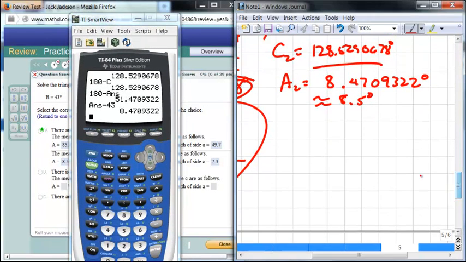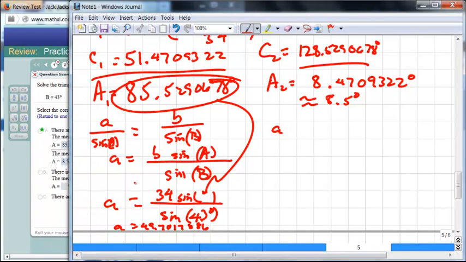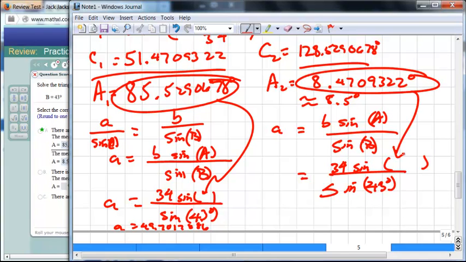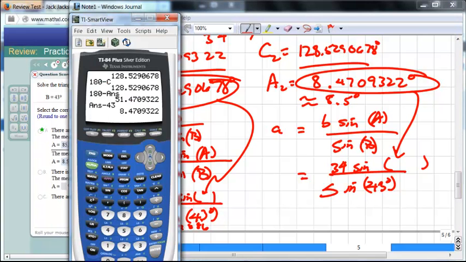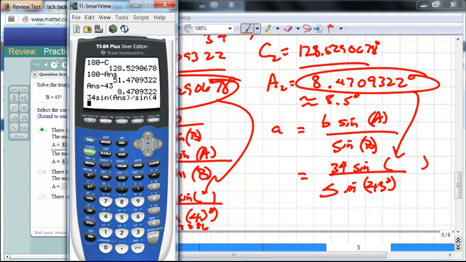Now, to get side A, if you look, I'm using exactly the same steps, right? A is still B sine of A over sine of B. B is still 43 degrees. Side B is still 34. The difference is this time I'm putting that value in for A. So 34 sine of our previous answer divided by sine of 43.